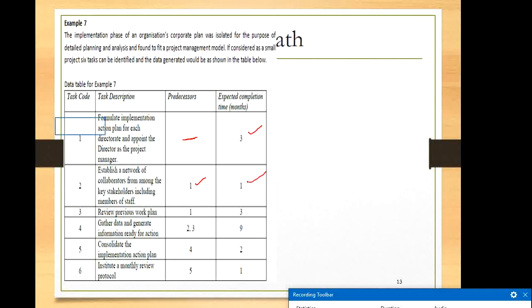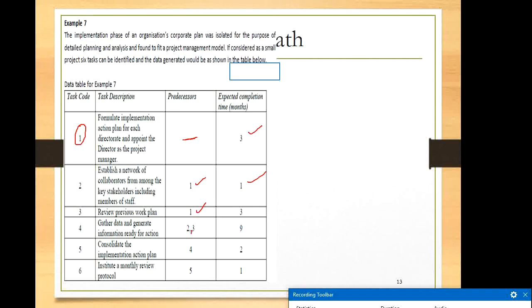Then third, review previous work plan. The review of the previous work plan also can be started only after completion of activity 1, right? It needs 3 months. And fourth, gather data and generate information ready for action. Both 2 and 3 must be completed to commence activity 4. And consolidate the implementation action plan: 4 must be completed.